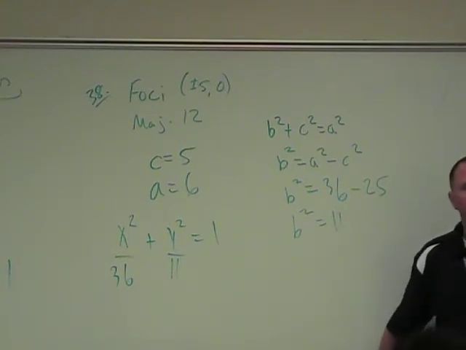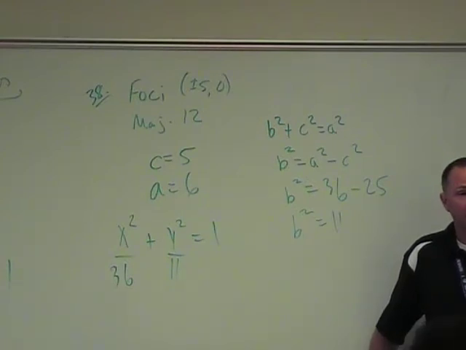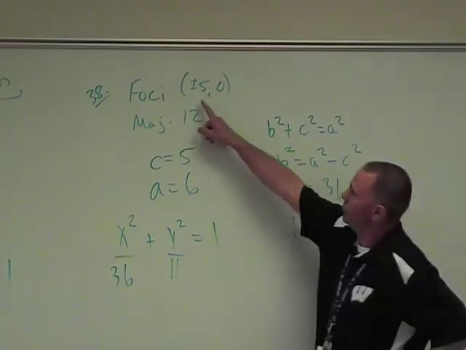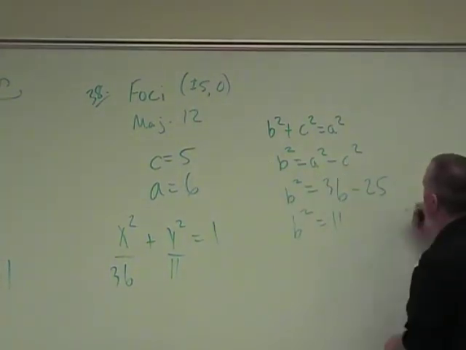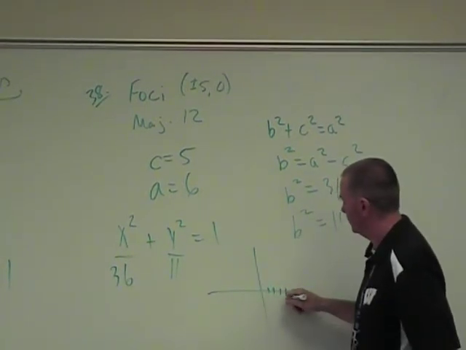Are we good? Good, because you just did today's and tomorrow's lesson. Why is 36 under the x? Because your focal point, just like yesterday, it helps to kind of draw it. Your focal points are at plus or minus 5, 0.